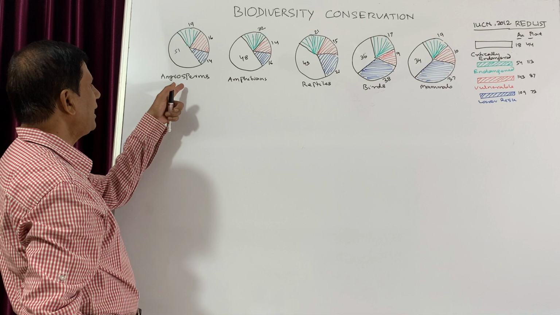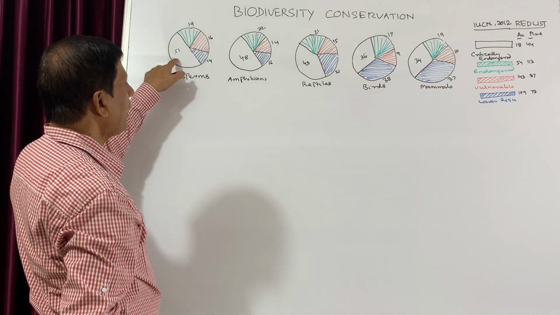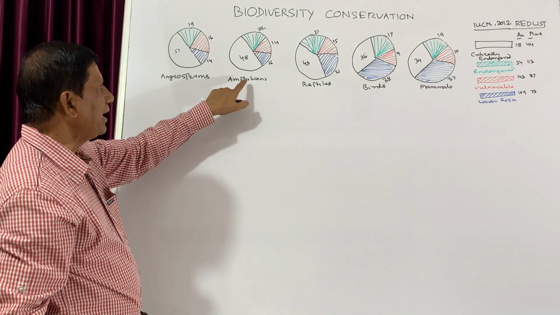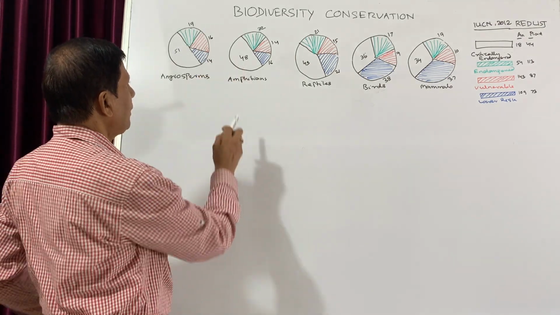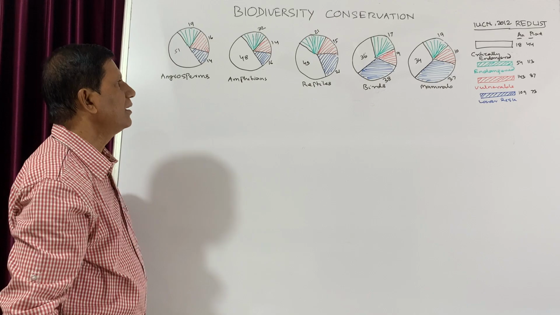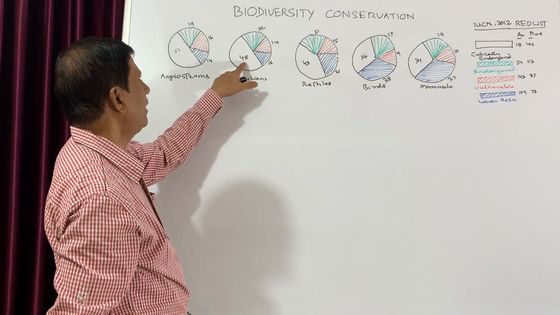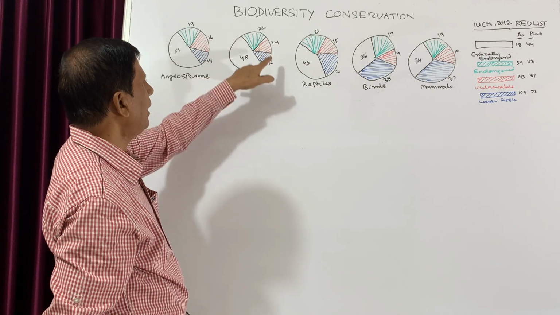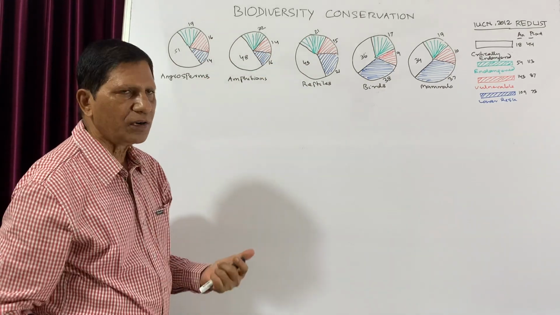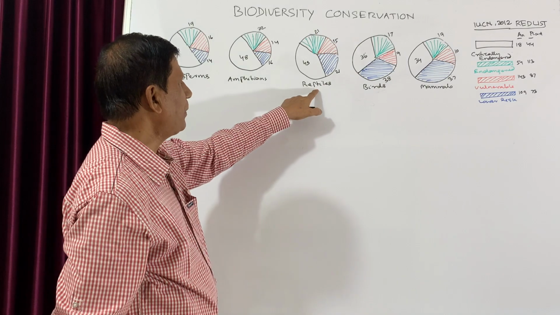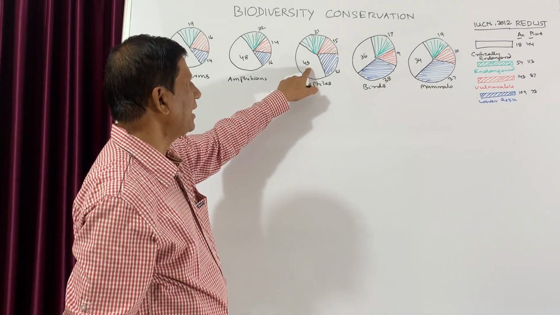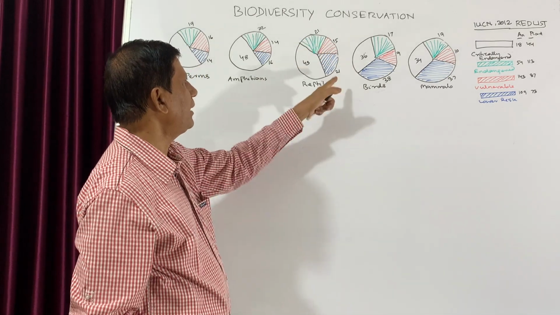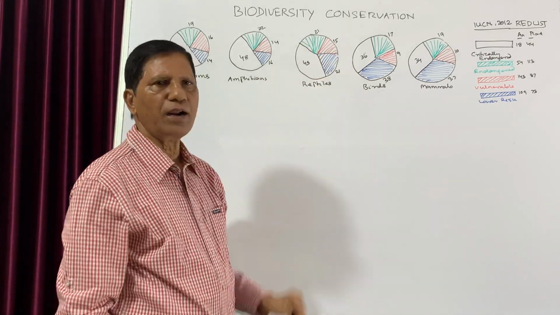We see in angiosperms, more are critically endangered. Similarly, in amphibians, 48 species are critically endangered, 22 are endangered, 14 vulnerable, and 16 at lower risk. In reptiles, 43 species are critically endangered and 21 endangered, then 15 vulnerable and 21 at lower risk.